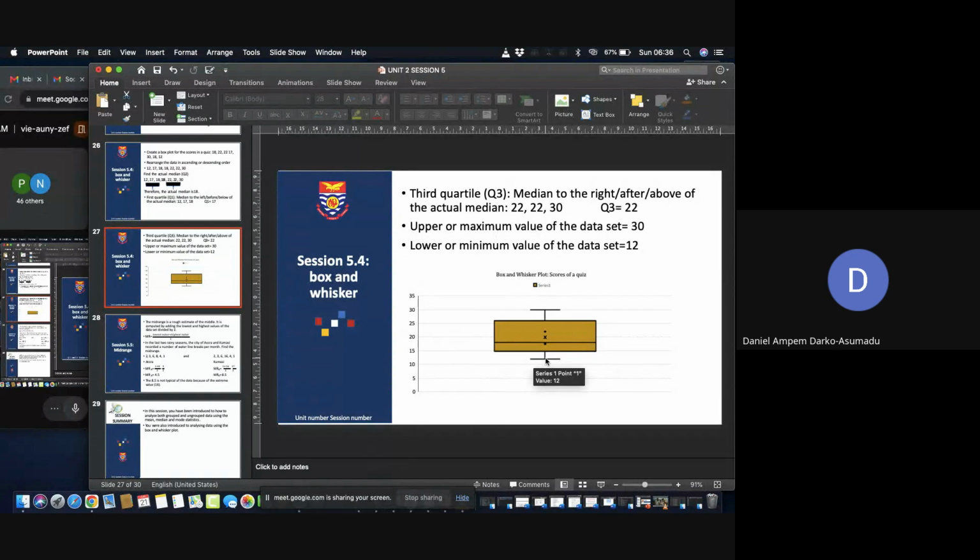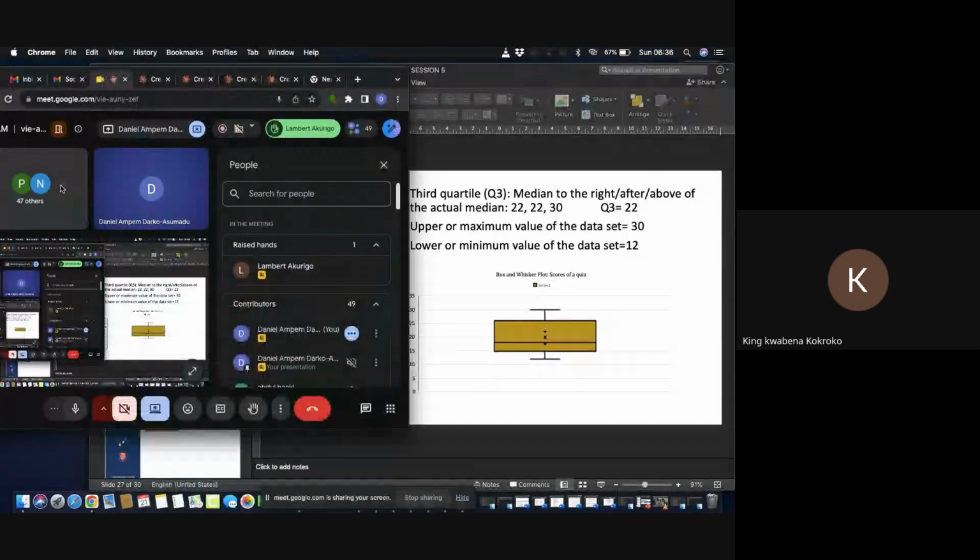Please, is that clear? This means that if you want to draw the box, it is advisable that you plot the dots before drawing the box, so that you know that the box would capture the first quartile, second quartile, and third quartile.